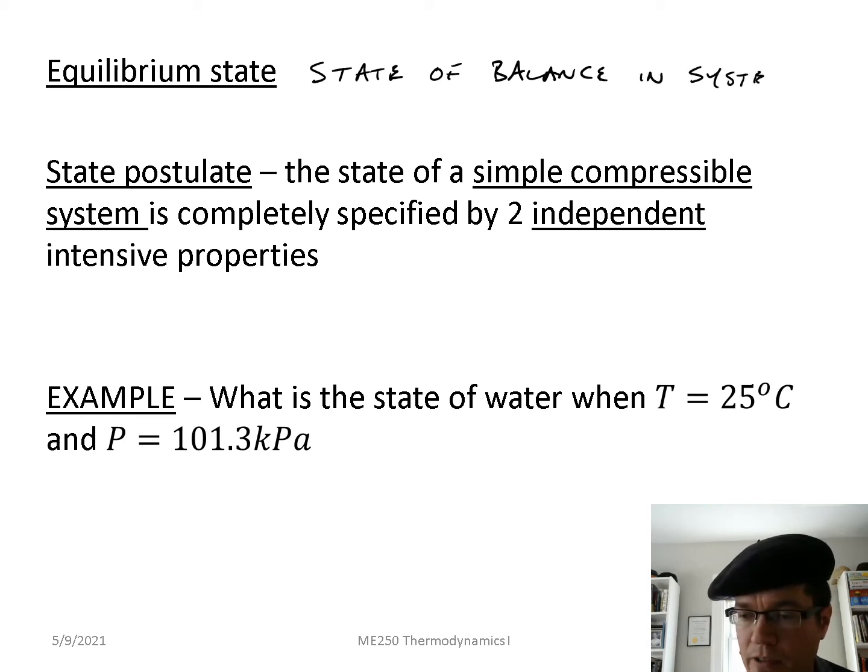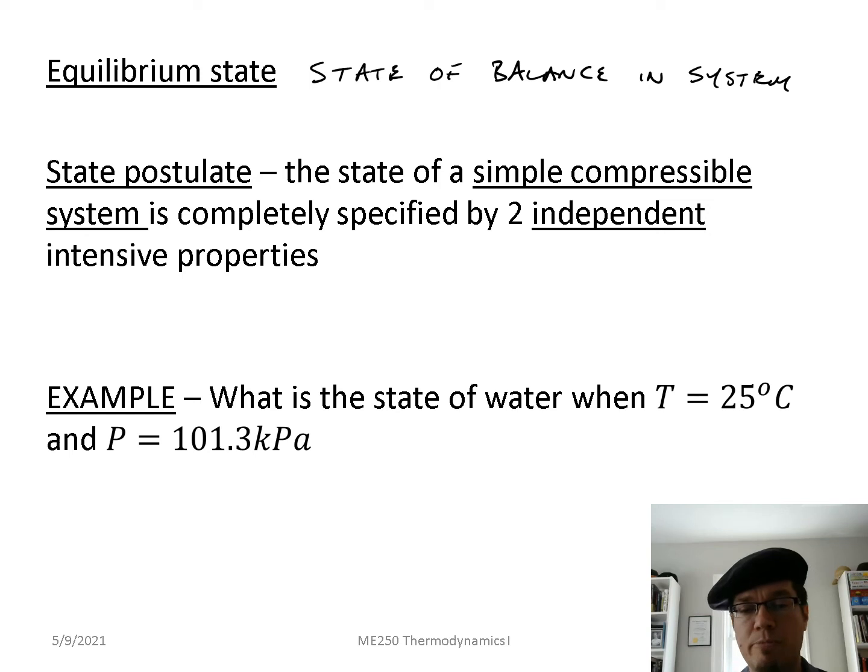If you think of the system being, say, the water in a cup, for there to be a single defined density, you need a state of balance in that system, which means all of the water in that cup needs to be at the same temperature and the same pressure, neglecting hydrostatics. And if that's the case, then all of the other properties, its density, its viscosity, etc., are going to be defined everywhere and equal everywhere.